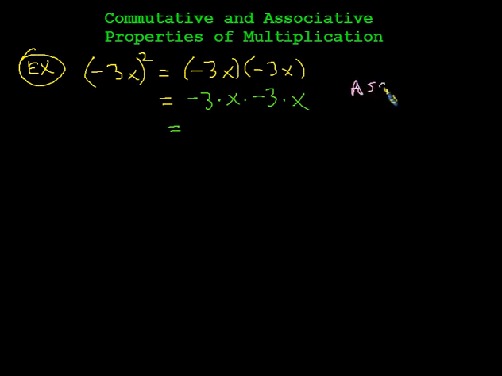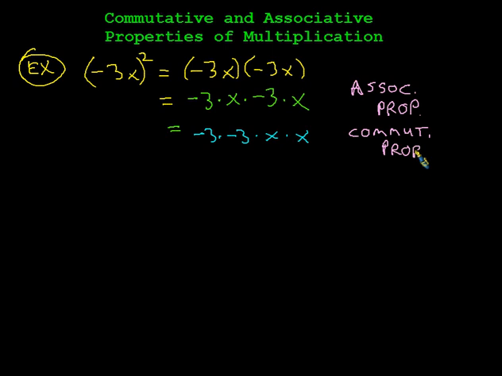That was the associative property. Then it's negative 3 times negative 3 times x, and we were allowed to do that by the commutative property.